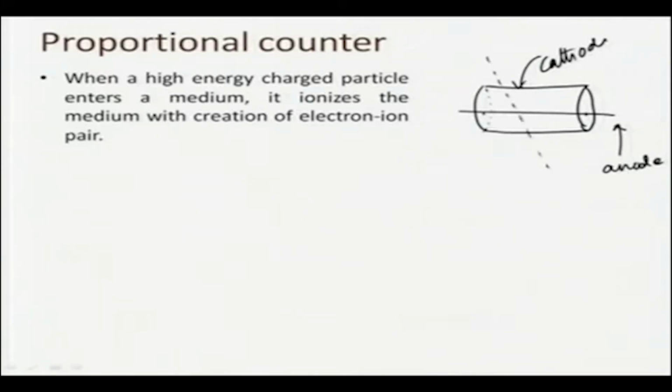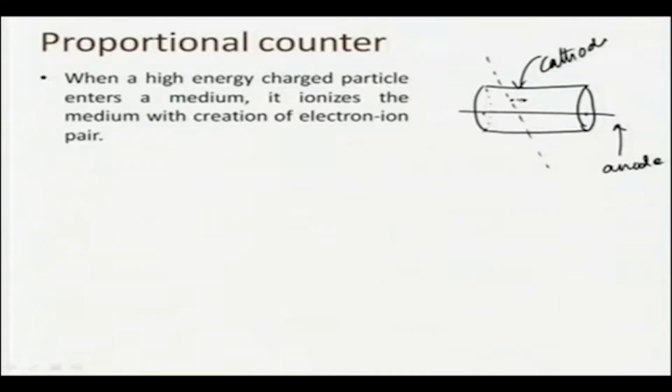Imagine a charged particle passing through this tube. The tube will be filled with an appropriately chosen gas, and this gas will ionize as the high energy charged particle passes through. It will knock out electrons from the atoms or molecules of the gas. Let us say an electron is ejected.